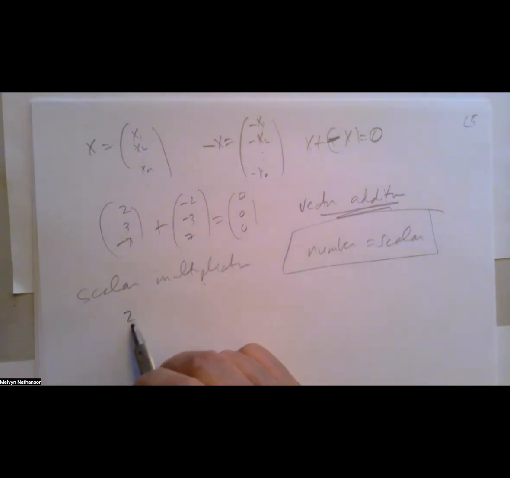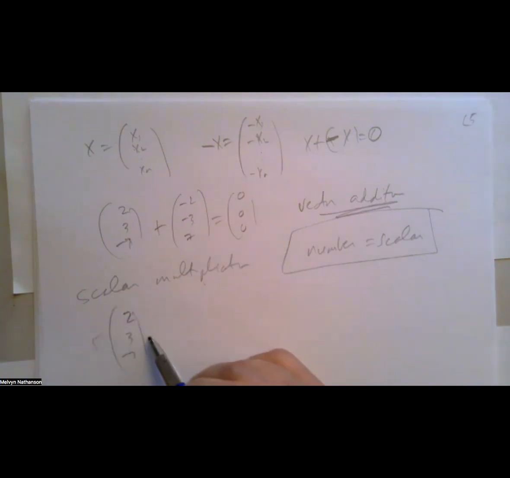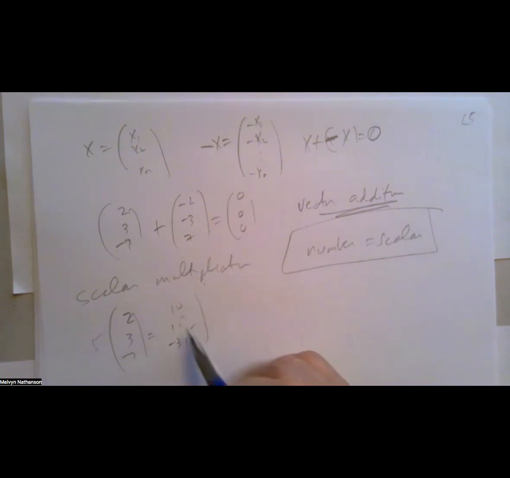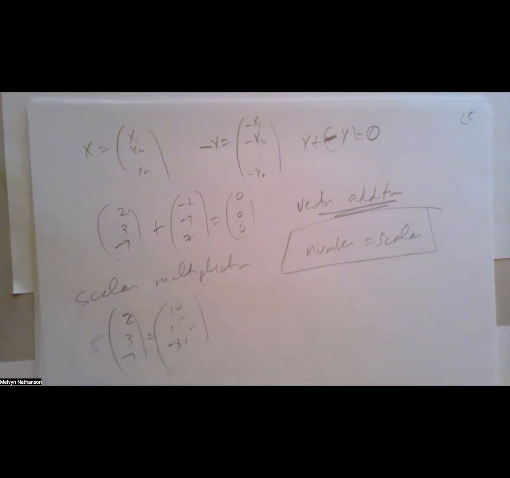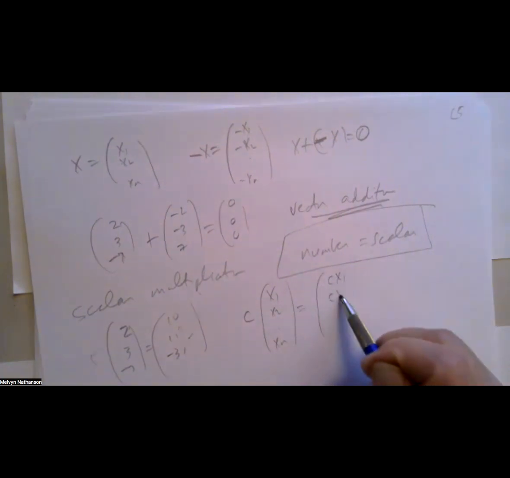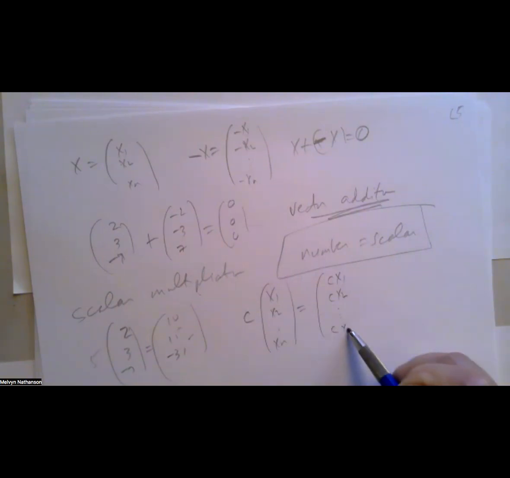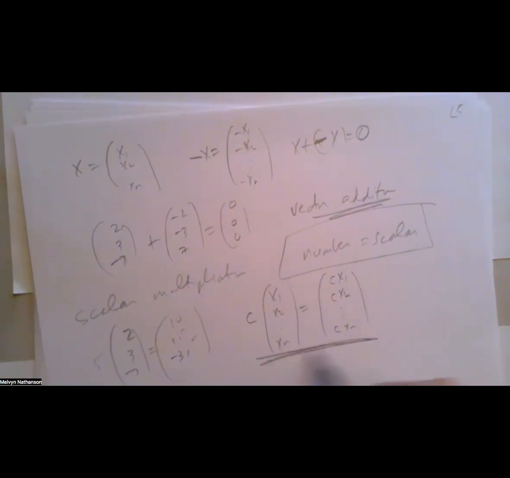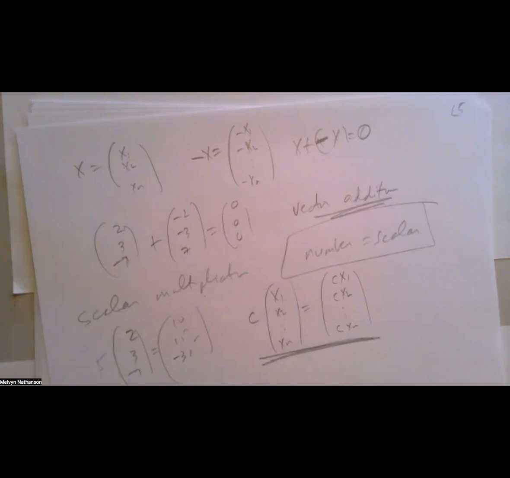So for example, if you had the vector 2, 3, minus 7, and you multiply by 5, you get 10, 15, minus 35. In general, if you have the vector in n dimensions, x1 up to xn, and you want to multiply by a scalar c, you just multiply each coordinate by c. That's the operation of scalar multiplication.